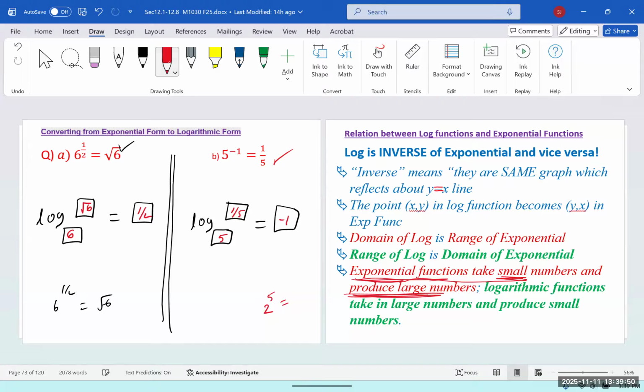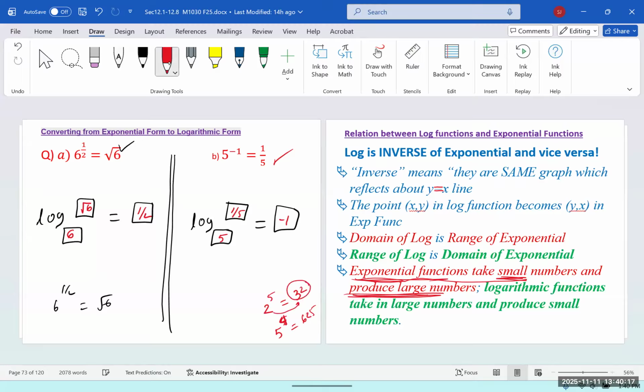How much is 2 to the 5? 32. And what is 5 to the 5? Any idea? At least what is 5 to the 4? 625. You see? From 2, you get 32.